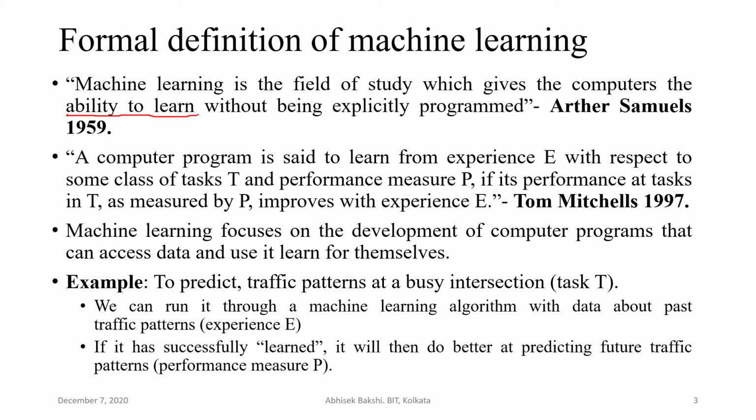Moreover, a more important definition we have from Tom Mitchell in 1997: a computer program is said to learn from experience E, and here we can find a better definition of learning, with respect to some class of tasks T and performance measure P, if its performance at tasks in T, as measured by P, improves with experience E. So what did he say?